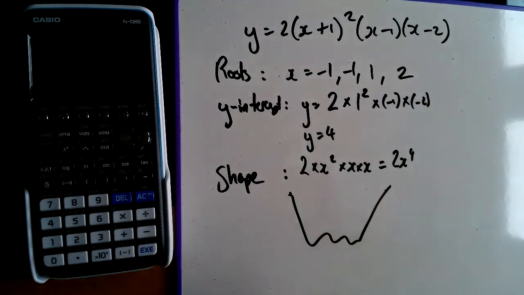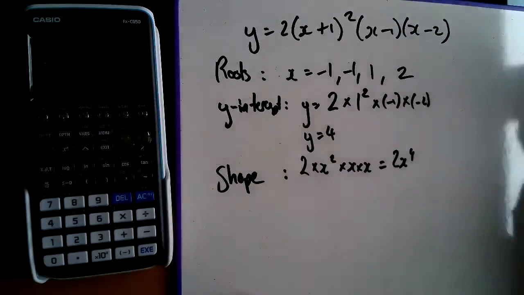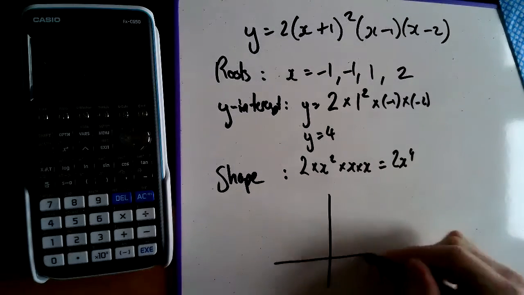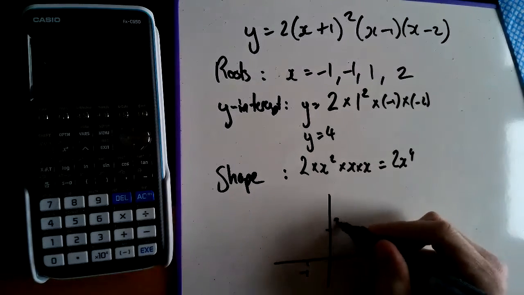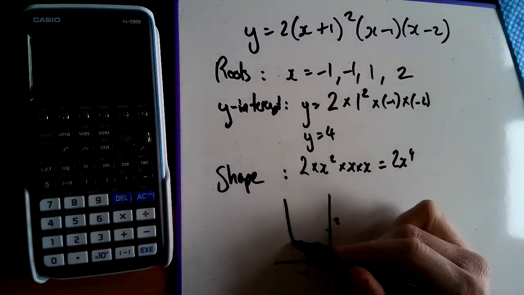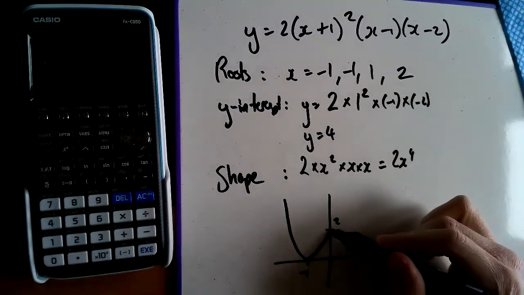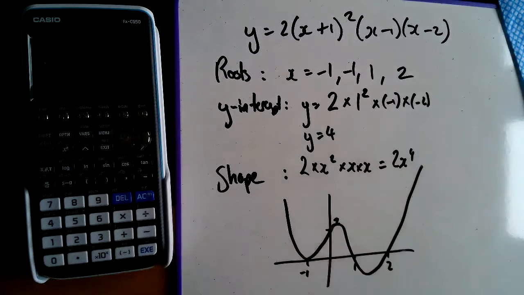So put it all together, and we should have, if I rub that bit out, so minus 1's there, 2's up there, 1's there, 2's there. So it starts at the top, bounces on minus 1, goes through 1, and then through 2.